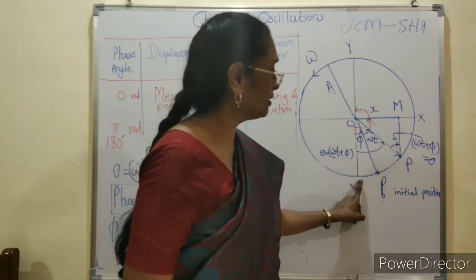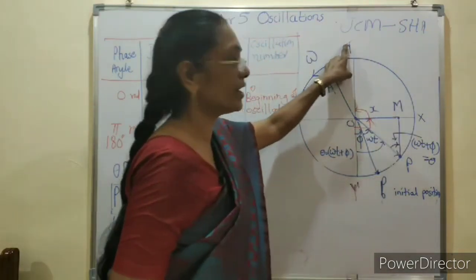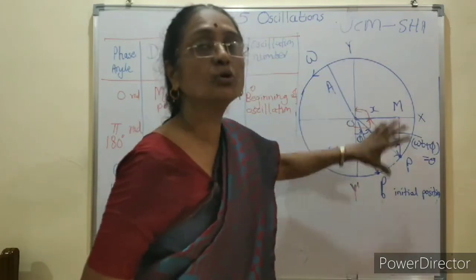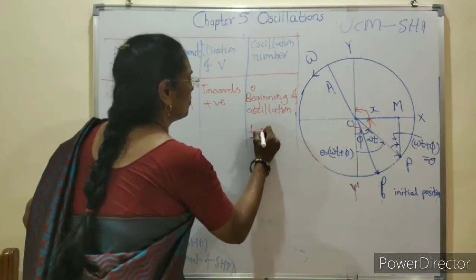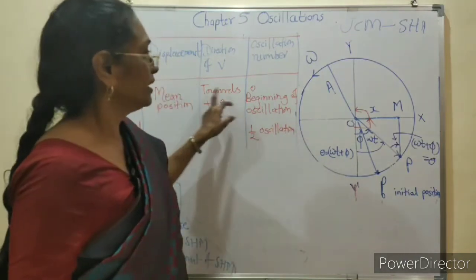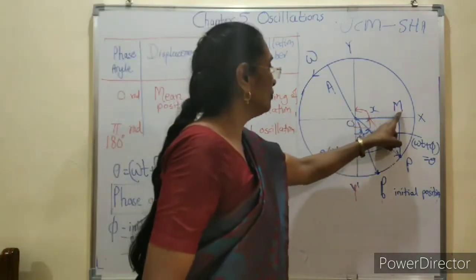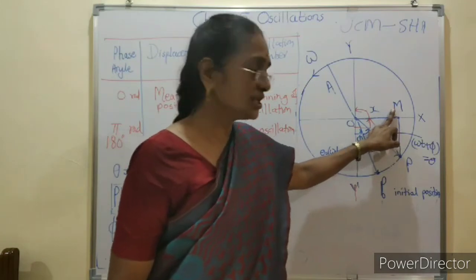So when particle P moves from Y dash to X to Y, half oscillation is completed. We write for oscillation, it is half oscillation. Direction of velocity we have to write for M, the particle in SHM.